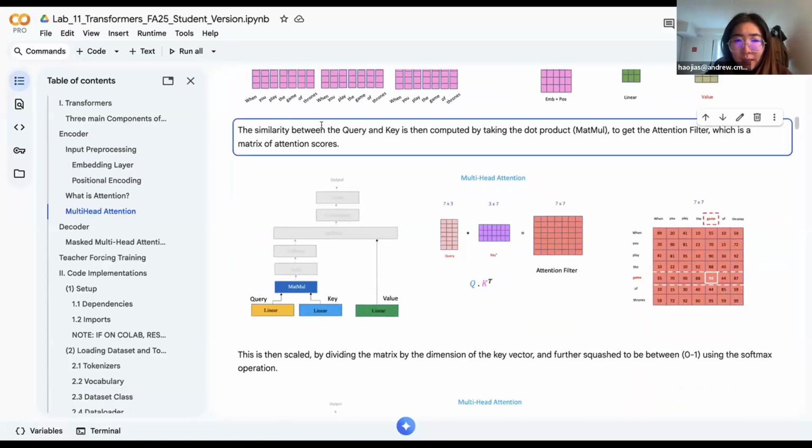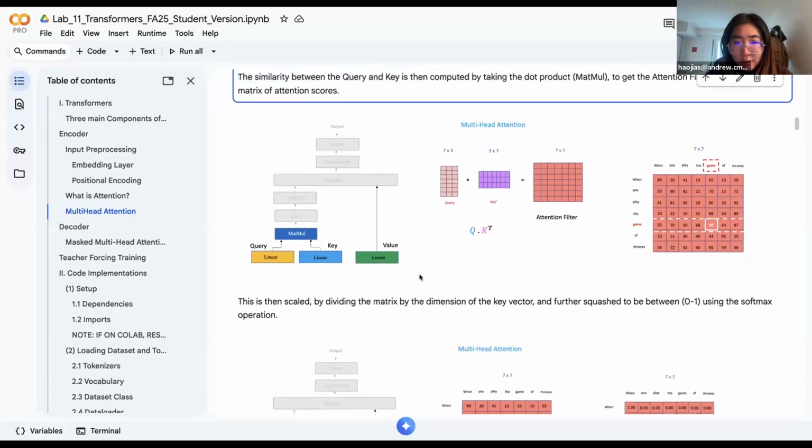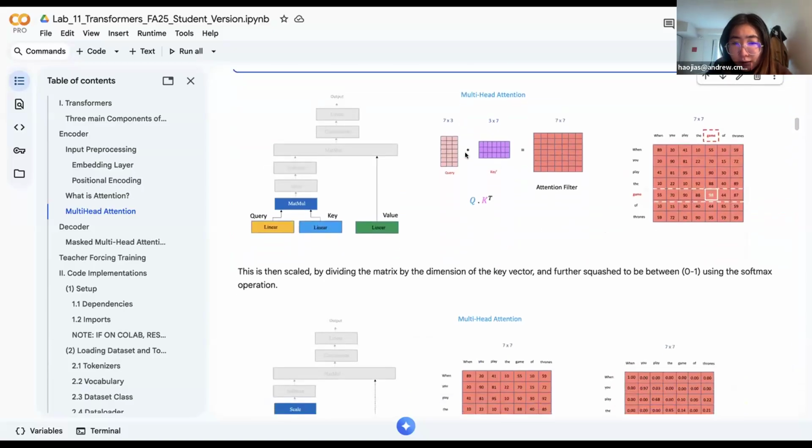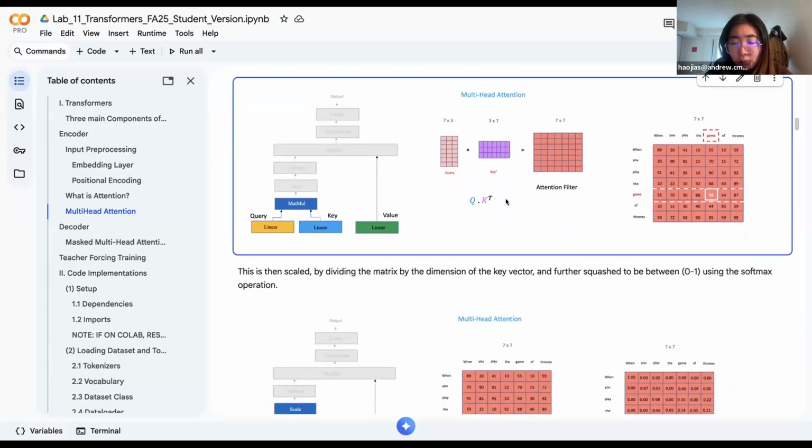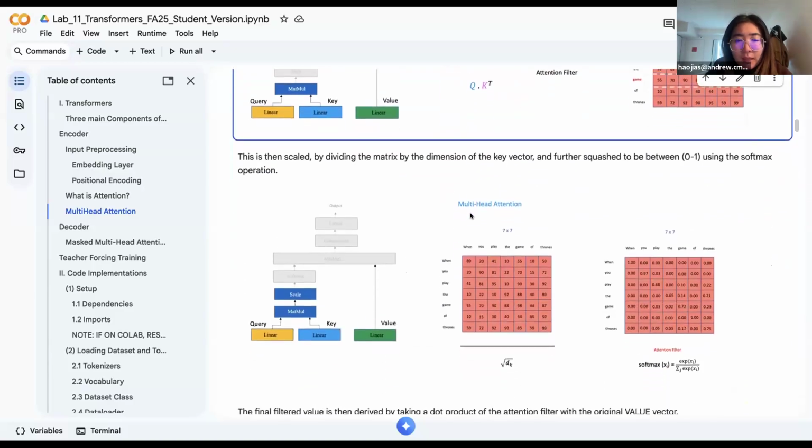And then how do we calculate attention? We first calculate the query multiplied by the key transpose, taking this dot product, which we call matmul because it is a matrix multiplication, to get the attention scores. Here, we calculate Q multiplied by K transpose to get these attention scores.